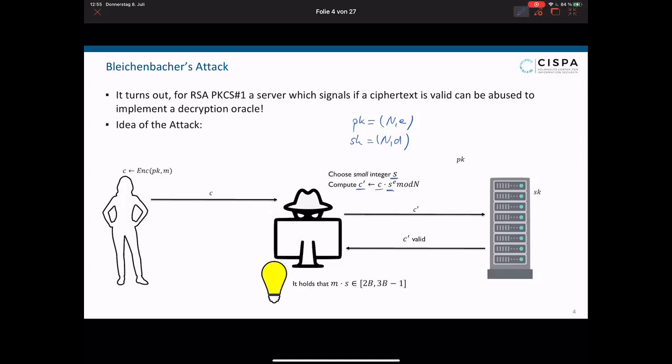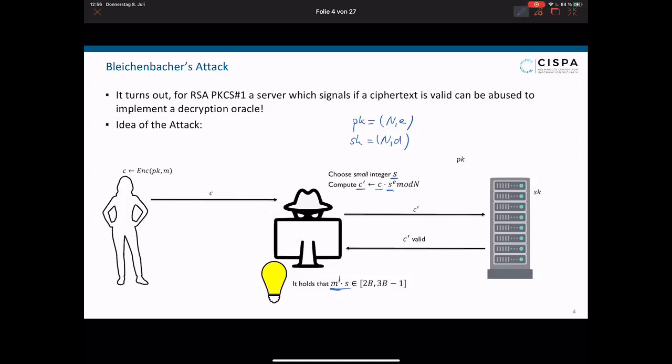And now I'm claiming that the message that's encrypted here is actually M times S. I mean, M here also contains all the randomness part of the PKCS encoding. So I should actually call this M prime here, right? This is not M, but M prime.